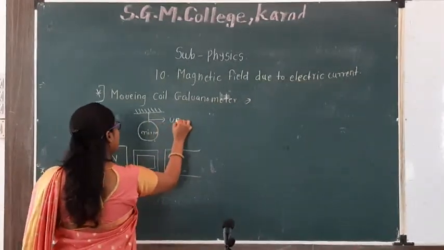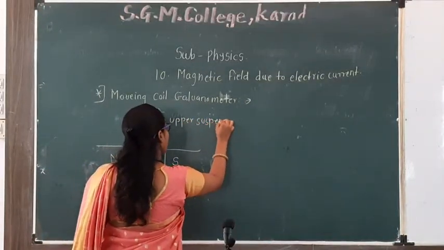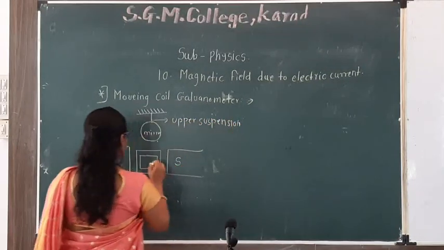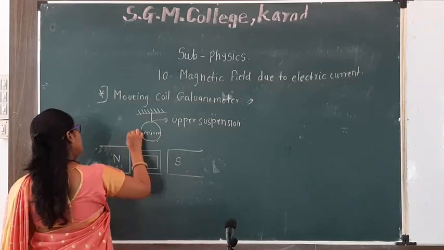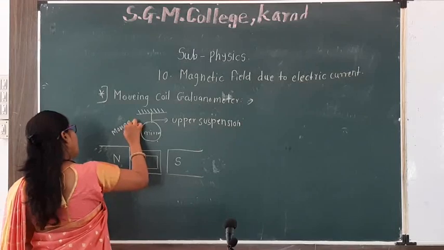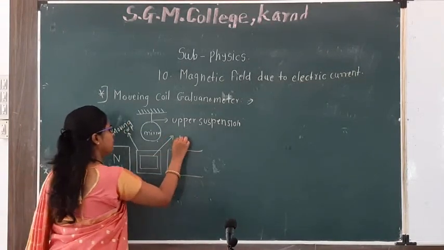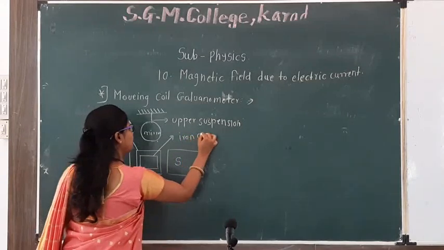This one is the upper suspension, and this is the moving coil, and at the center an iron core is placed.